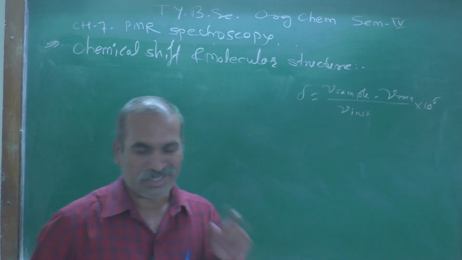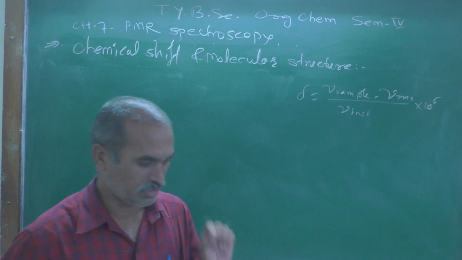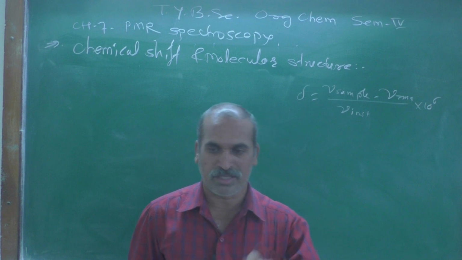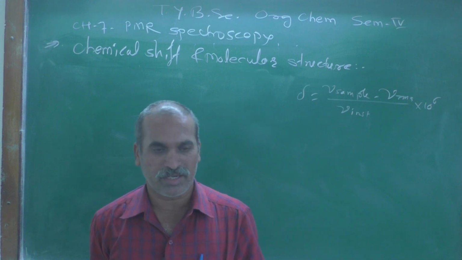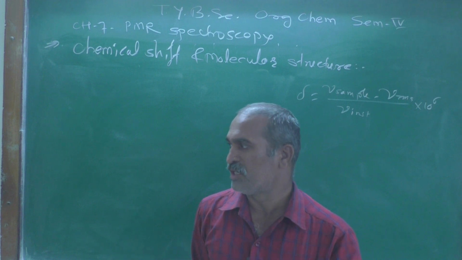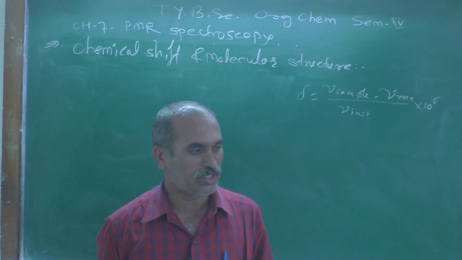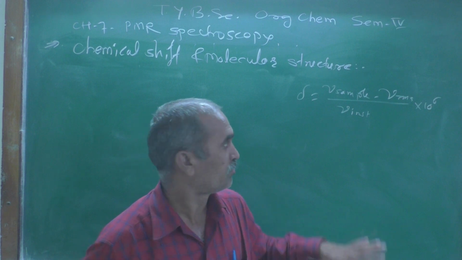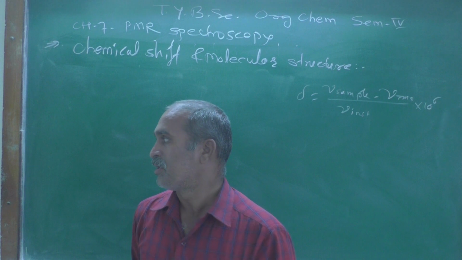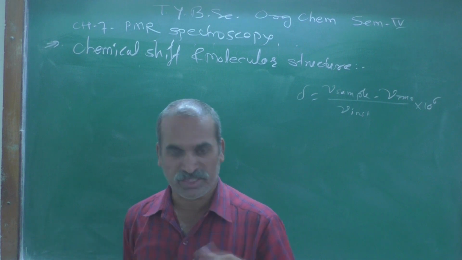Why is this equation multiplied by 10 raised to 6? The purpose behind it is to avoid the negative powers, so that the delta value becomes simple to understand.